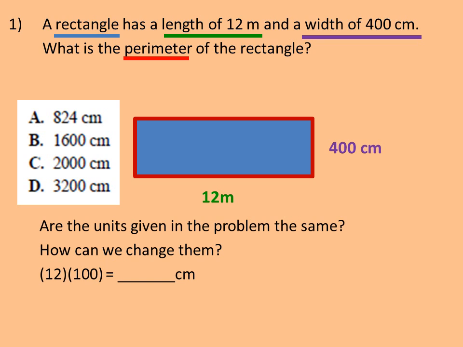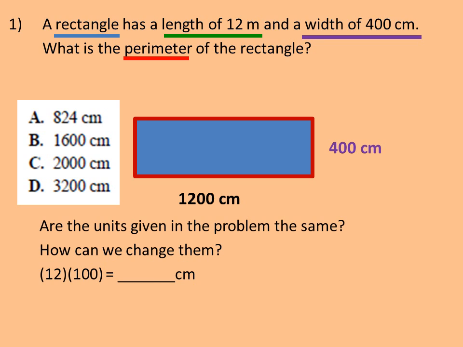So we're going to take our 12 meters, and because there's 100 centimeters in each meter, we're going to multiply it by 100. Okay, you have a place to show how you change it. That's question number 2 on your paper. Write this down, pick up your calculator. What do you get? Did you get 1200?